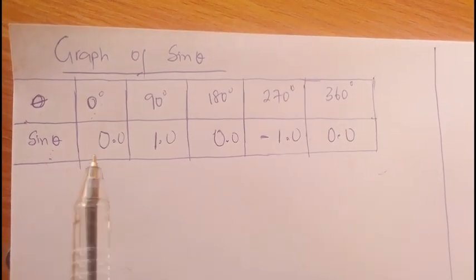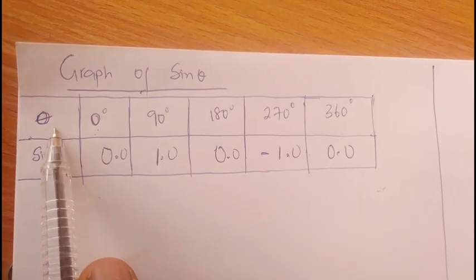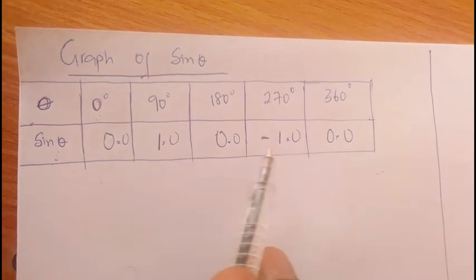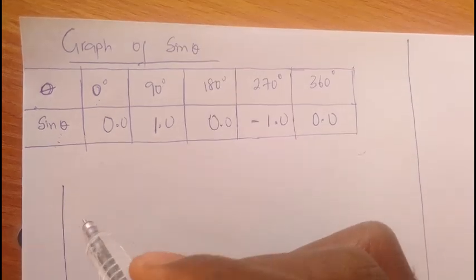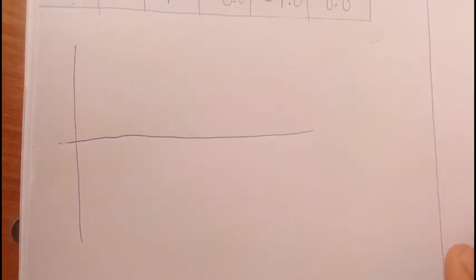Now, plotting the graph, you can notice that we have only positive values of x, and we have negative values on the y-axis. So I can draw conveniently like this, having this as 0. This is my 0 degrees.